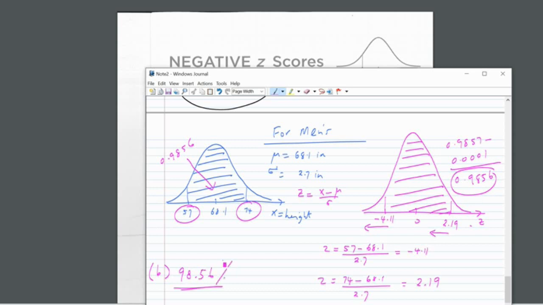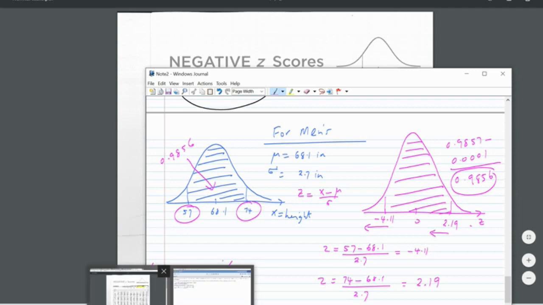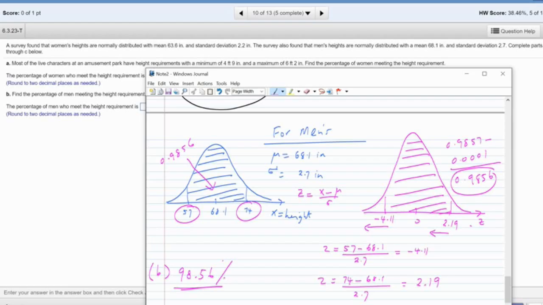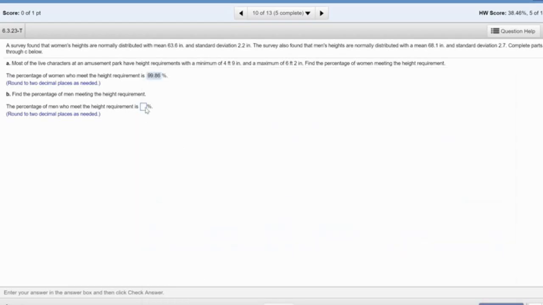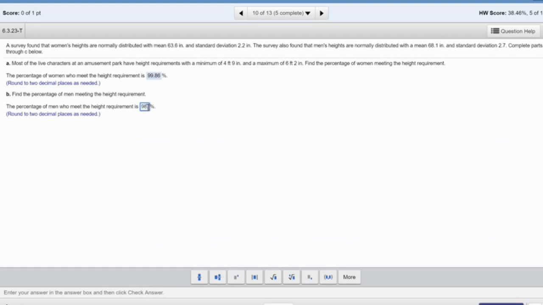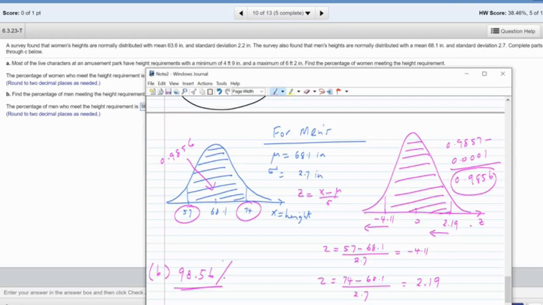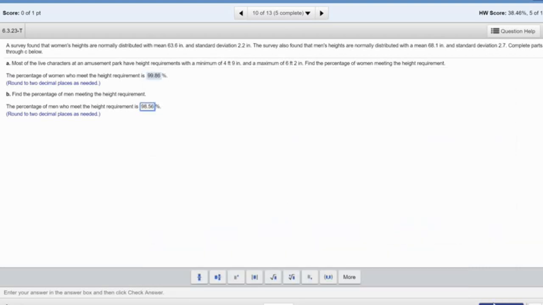Okay, let's type this and check. Oops, 98.56. Let's double check that. Yep, works.